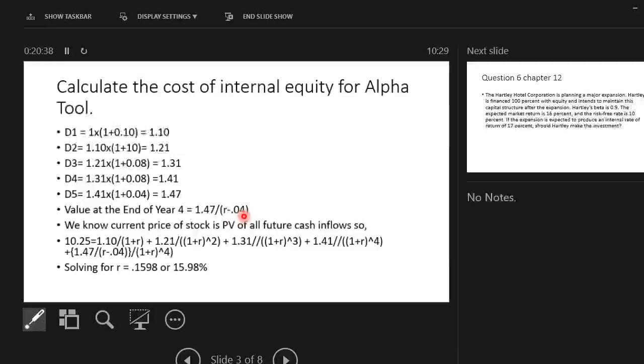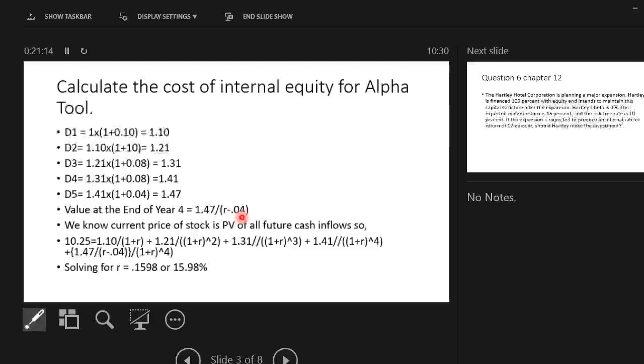If you still remember the formula for the terminal value, remember it's the value that we have here of 1.47 divided by the rate, right, minus the growth. So the rate, remember, we don't know the rate yet. That's why we're just replacing it with R. And that's what we basically need to find out. All right.